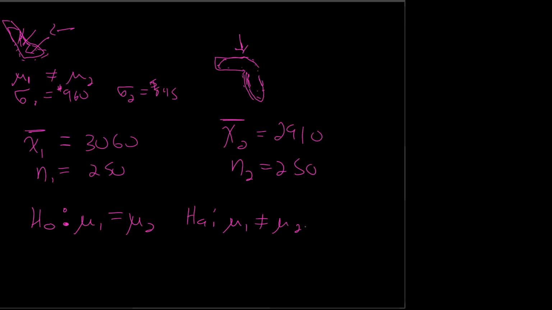And our actual claim is going to be the alternative. And so this is a two-tailed test because we're looking at that type of alternative hypothesis. When we have a not equal, it makes a two-tailed test. And we're going to look for a significance level of 0.05. So at alpha of 0.05, our critical values are going to be z plus or minus 1.96. Those will be our critical values.